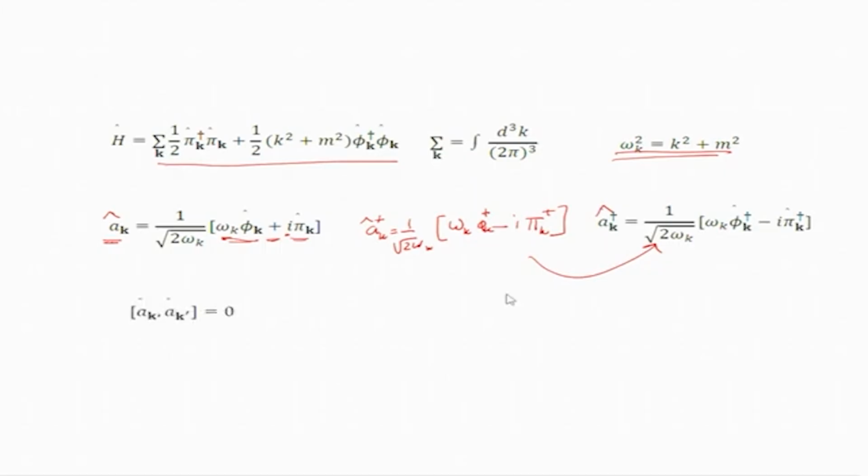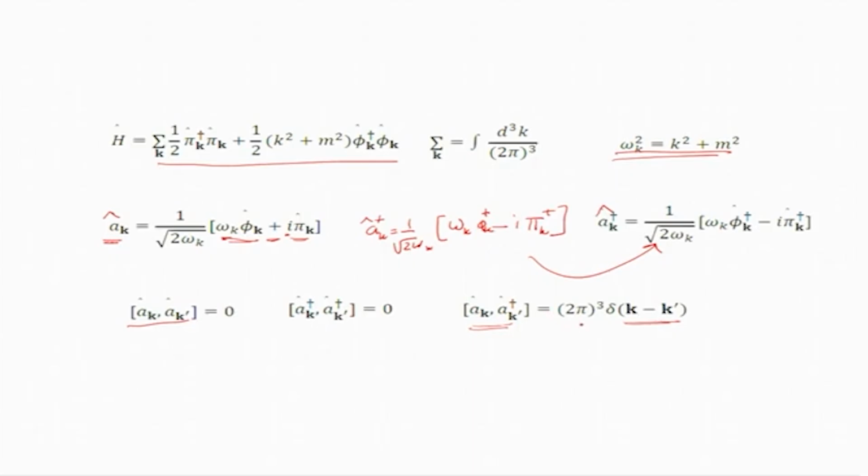Now, it turns out this can be proven. So, we have commutation relations for phi and pi, right. Phi and pi do not commute, but phi commutes with phi, and pi commutes with pi. Now, I can show that A with A will commute, A dagger with A dagger will commute, but A and A dagger do not commute. It turns out A k and A k dagger give you a delta function.